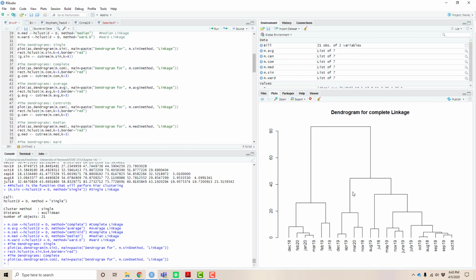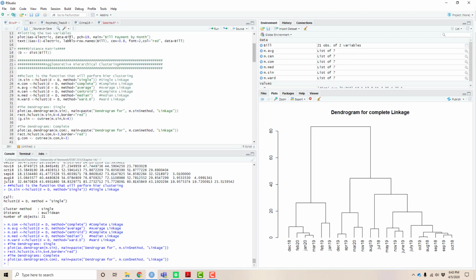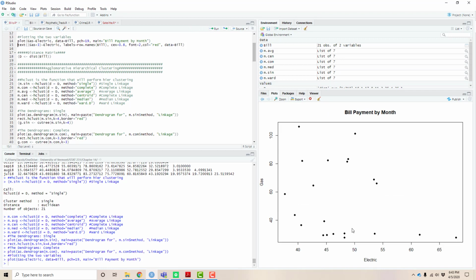Large distance between the last two, which makes sense because of what complete linkage does, if we go back to our scatter plot. When it's going to join 2 clusters together, so let's say it joins everyone down here and these guys up here, it's going to take the dots that are the farthest apart. So the 2 dots that are farthest apart are probably this one and this one.